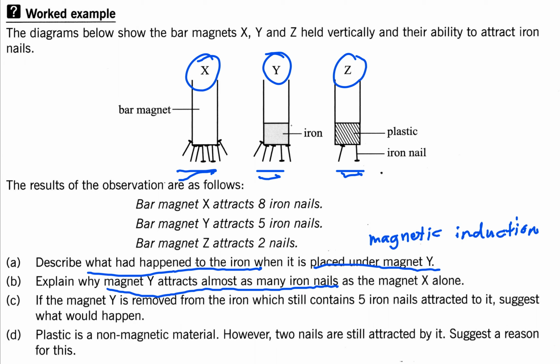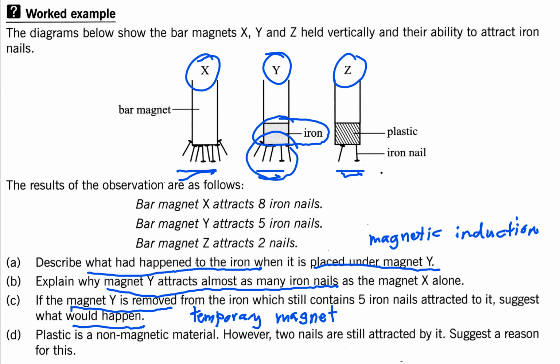Because iron is easily magnetized and can become a strong temporary magnet, and this strong temporary magnet can attract many iron nails. C: if you remove magnet Y, what happens after that? Because iron is a temporary magnet, it will lose its magnetism the moment magnet Y is removed.